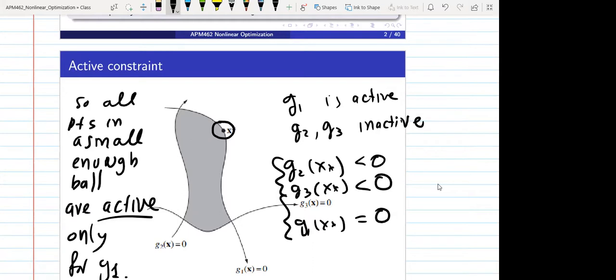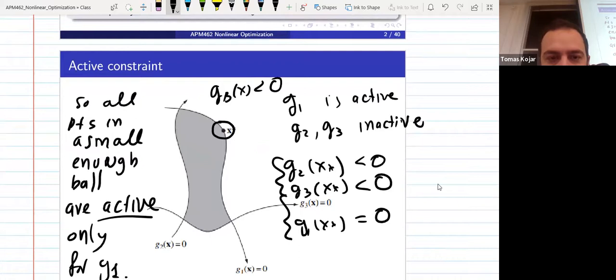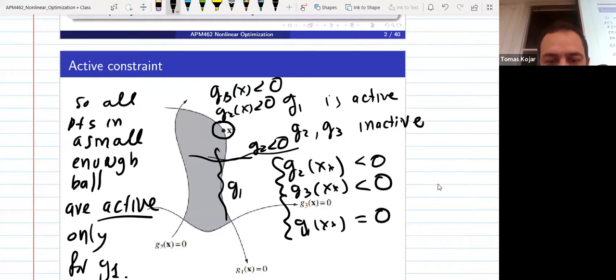Yeah. Like G3 of X will be less than 0, G2 of X will be less than 0, because this region here is the G2 less than 0. This region here is G3. Is that okay?